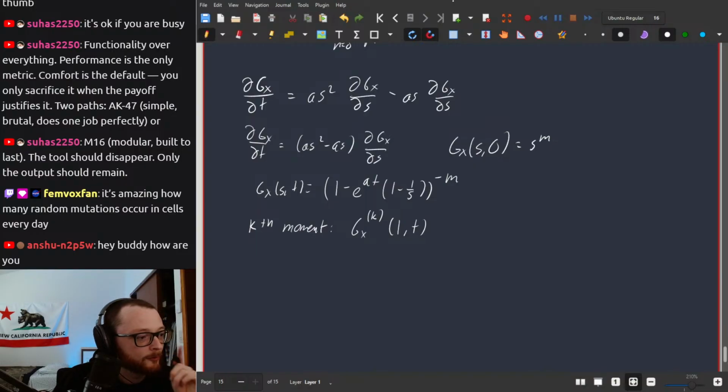Okay, so let me read what you're saying. Function over everything. Performance is the only metric. Comfort is the default. You only sacrifice it when the payoff justifies it. AK-47 simple, brutal, does one job perfectly, or M16 modular, built to last. The tool should disappear, only the output should remain.